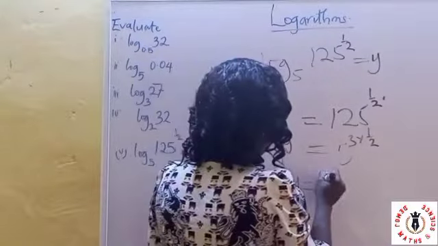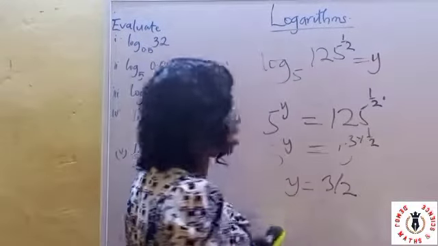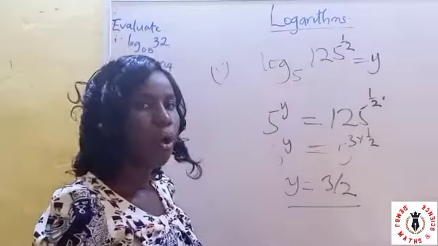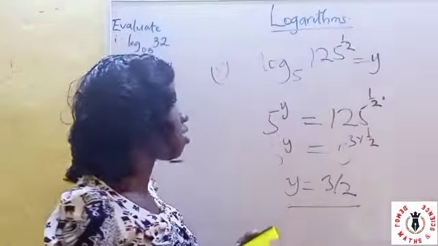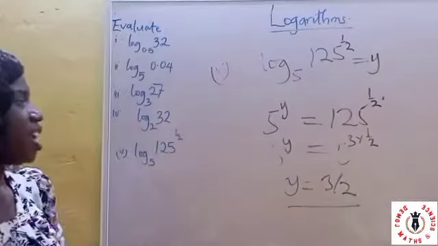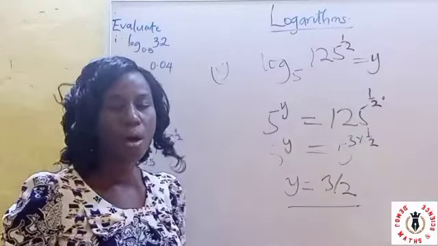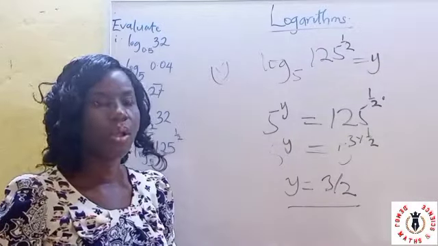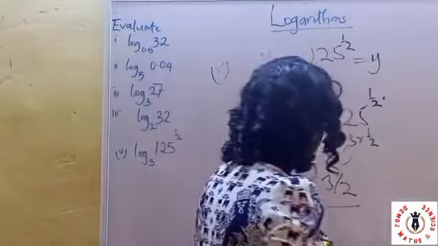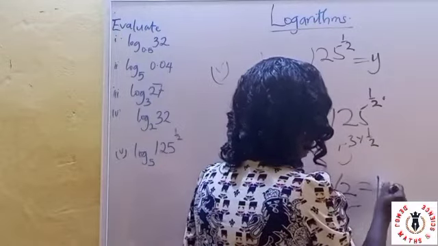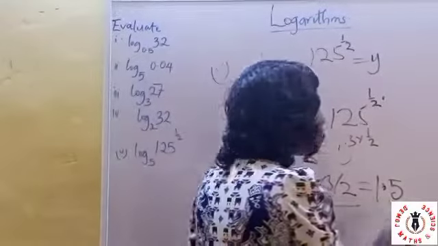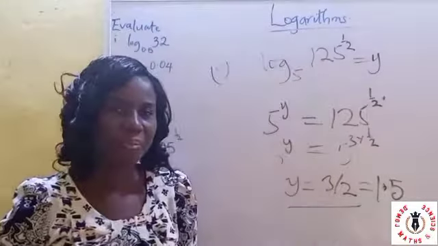It gives us 3 all over 2, which means that our y is equal to 3 all over 2. So the logarithm of 125 raised to the power of half to base 5 is equal to 3 all over 2. Or you can further write it in decimal point as 1.5. Thank you.